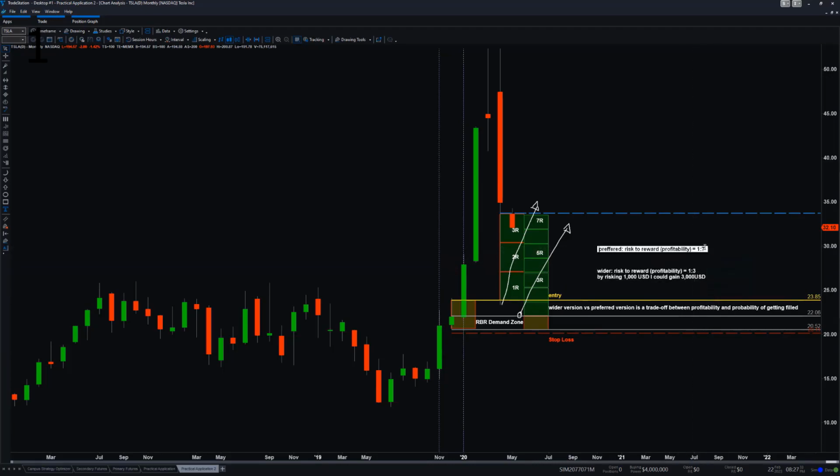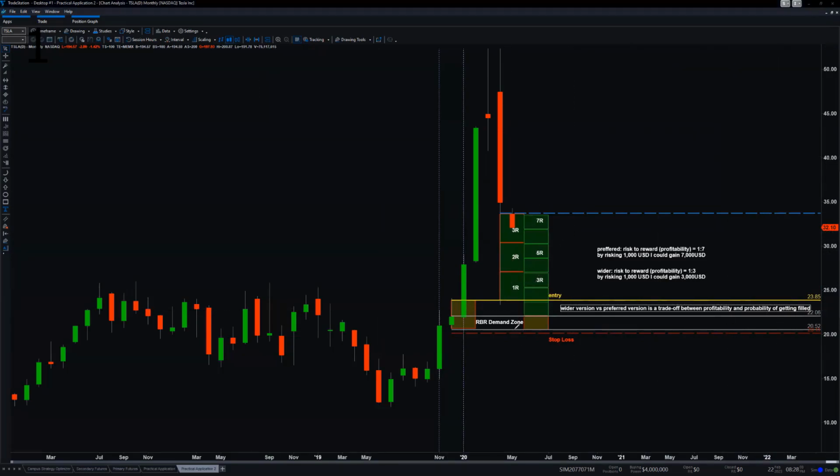But here, we could say, well, by risking 1,000 US dollars, I could gain 7,000 US dollars. Now, that is more than double. So the wider version versus the preferred version is a trade-off between profitability and the probability of getting filled.